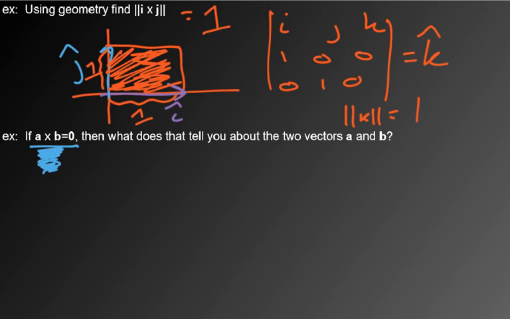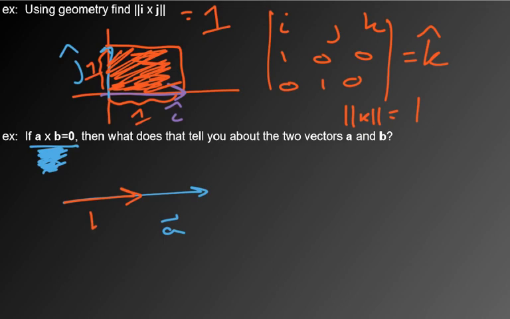And the only way that there's no area, because as soon as A and B move a little bit off, there's going to be some sort of parallelogram there.